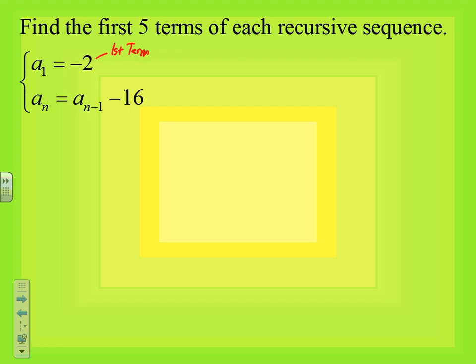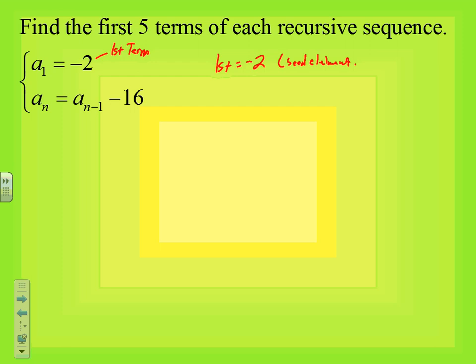Well, the first one is given to you. The first term of this particular sequence is -2, which was given to you. So that is my seed element. That is what gets put into the function the first time.